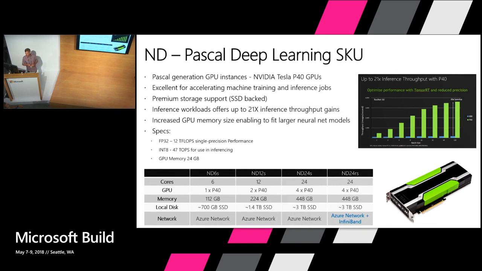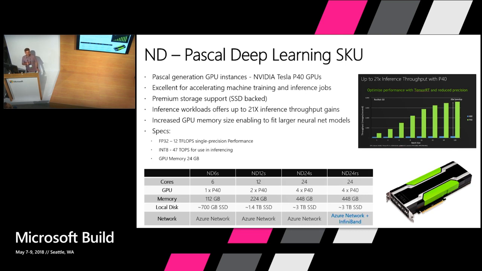This is based around the NVIDIA Tesla P40 card. This is very good for deep learning because it supports single precision, floating point, and half precision. It's also got 24 gigs of local memory on the GPU. The NC cards all have 16 gigs, so this helps you run larger models or larger batch sizes of data coming into the GPUs.